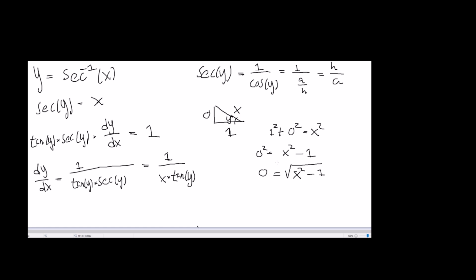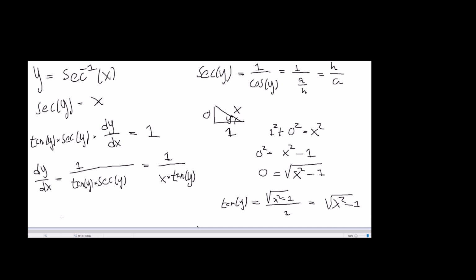And then, since the tangent of y is just equal to the opposite side, which is the square root of x squared minus 1, divided by the adjacent side, which is just 1, of course this is just equal to the square root of x squared minus 1.